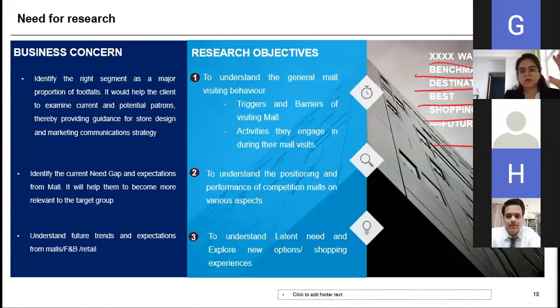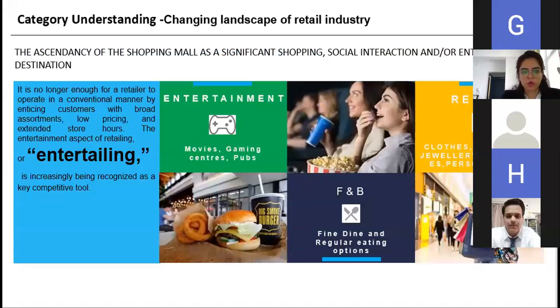So they were doing this research and they wanted to know what customers are looking for, what kind of new things we can offer in a mall. And a mall is not seen as a place for shopping now. It's a place for entertainment, it's a place for food, F&B, it's a place for retail. So it's entertainment also, F&B also, retail also. So they were doing this kind of research.